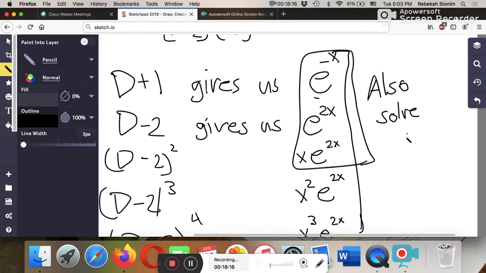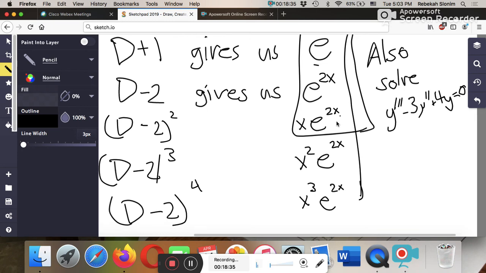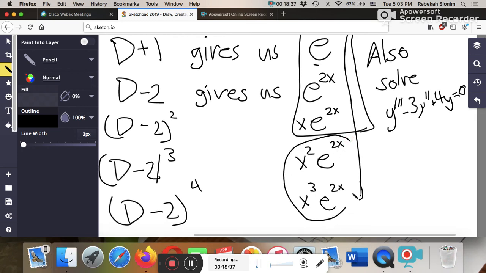So they also solve the homogeneous part of that original equation. And so any particular solution to the original equation, we should be able to write as a linear combination of just these two.